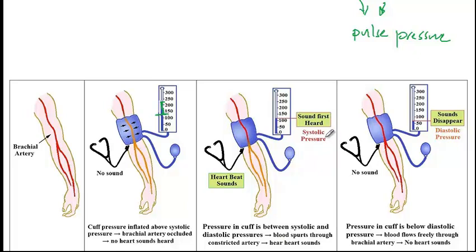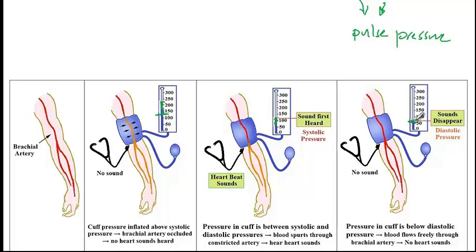So this very first heart sound, which is shown here at about 110, represents your systolic blood pressure. And then you would continue doing the same thing. You will continue to let the pressure drop until you reach a point that you don't hear the sound anymore. So the heartbeat sound will disappear.